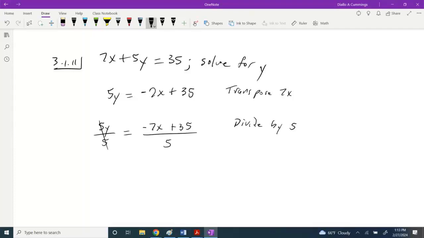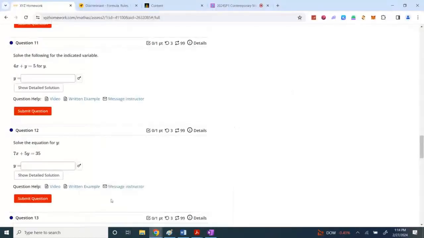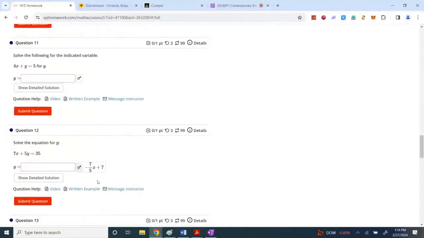And if I divide the right-hand side by 5, I get negative 7x plus 35 divided by 5. Now, there is something called divide by a monomial. Because I haven't actually entered this into the computer, but just based on looking at the answer, they have it written a little bit different.